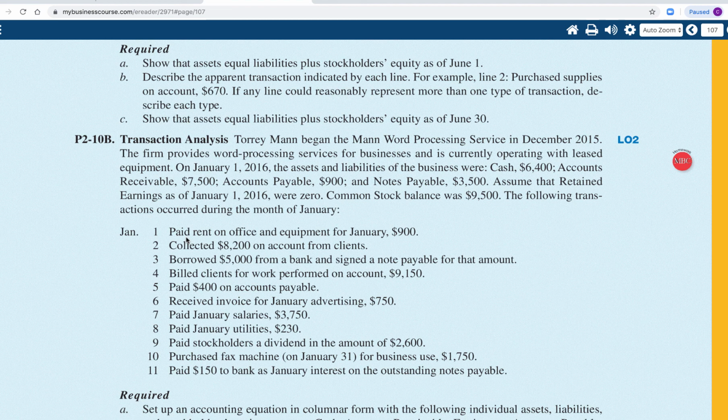So we are using cash to pay for our rent, both for office and equipment. That's an expense because that asset is being used up. So right off the bat, we have cash and rent expense. What's the dollar amount?